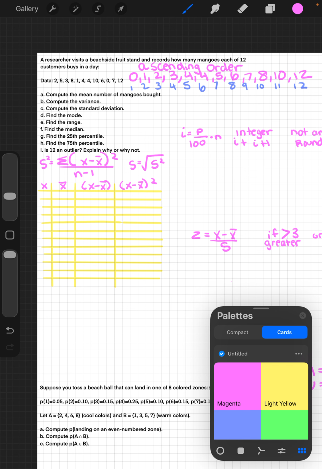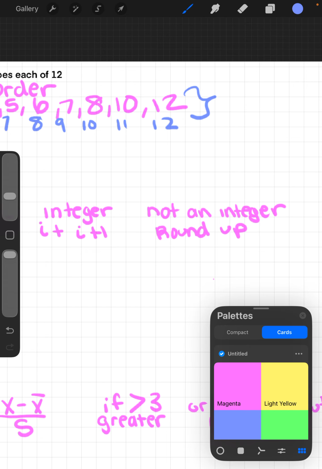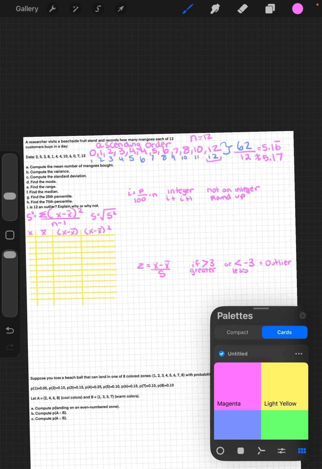Okay, so to find the mean, we're going to add all of this up, and that's going to be 62. And I'm just going to divide it by our n, and our n is 12. And this should be around 5.16, and it's going to be 5.17 rounded.